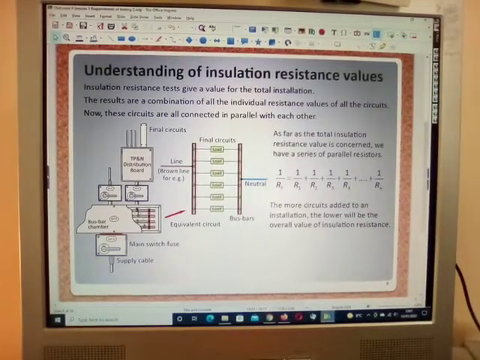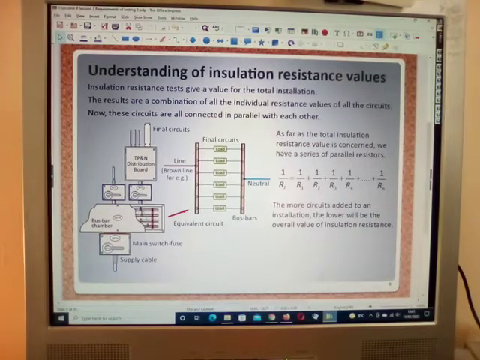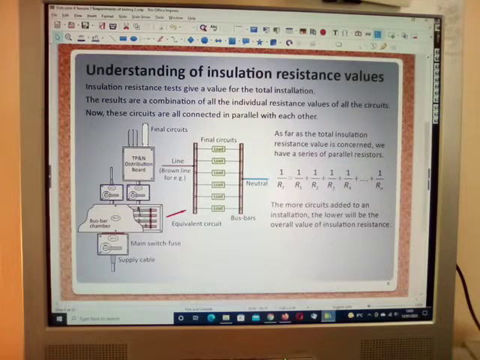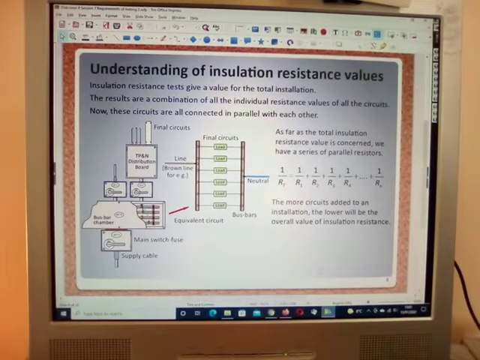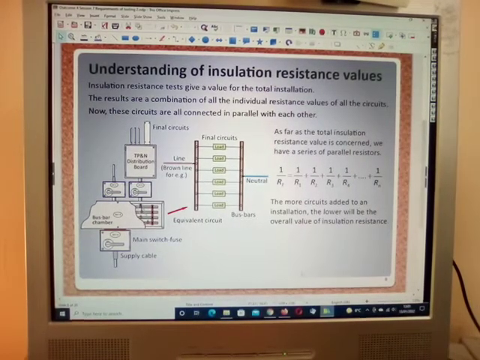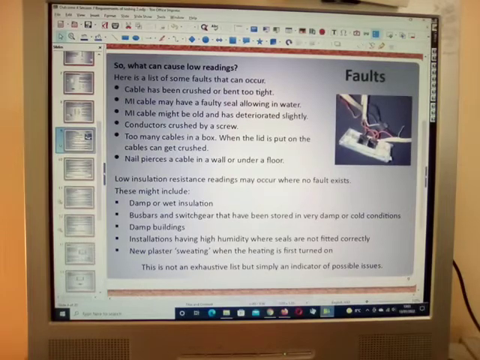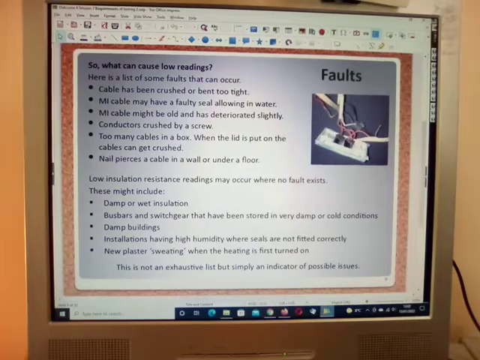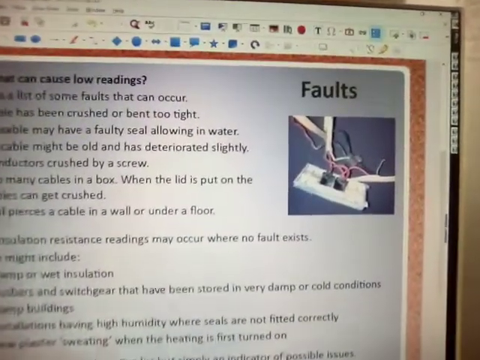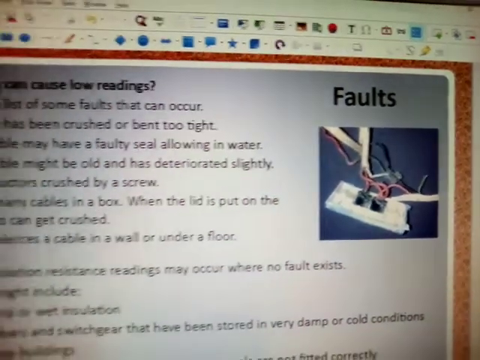And when you take into account all the values of resistance, the total resistance value should not exceed a given value in respect of the IET regulations. All this is showing you is a fault. You must look off a cable.